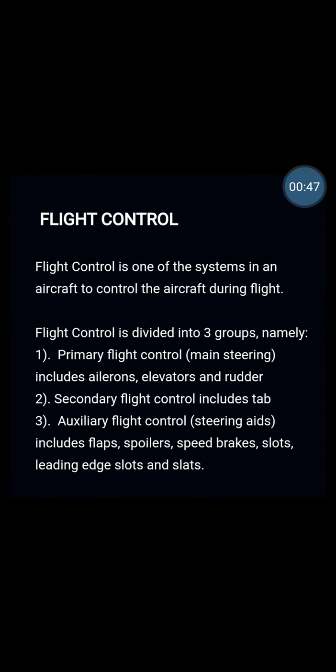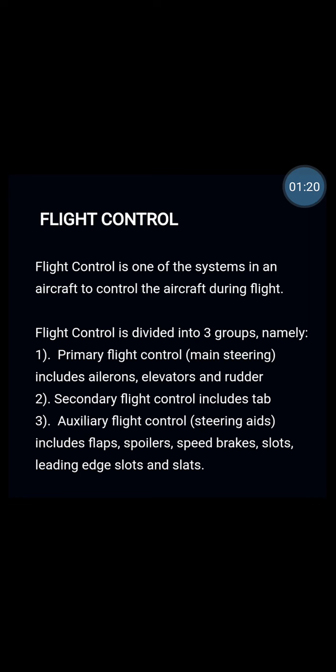flight control. Flight control is one of the systems in an aircraft to control the aircraft during flight. Flight control is divided into three groups, namely 1. Primary flight control or mainstream includes ailerons, elevator, and rudder. 2.